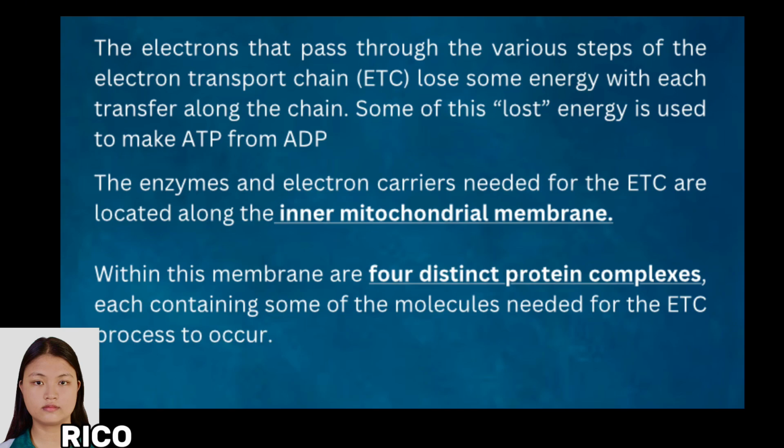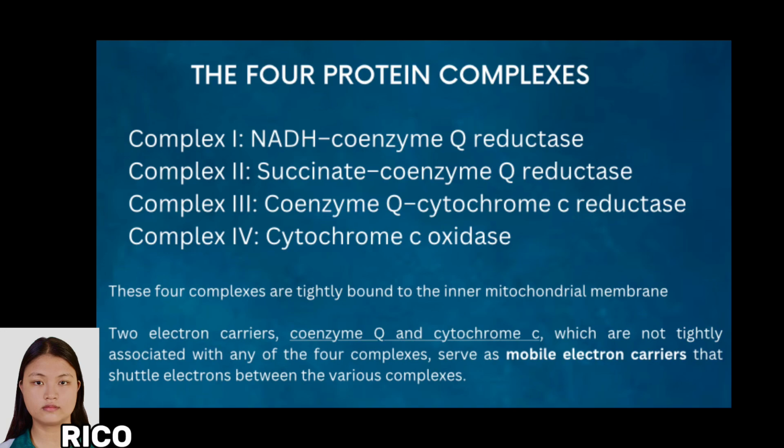Its primary role is to transfer electrons from energy carriers such as NADH and FADH to oxygen, which is the final electron acceptor. This process generates a proton gradient across the membrane, driving the production of ATP by ATP synthase. Now we move on to the 4 protein complexes.